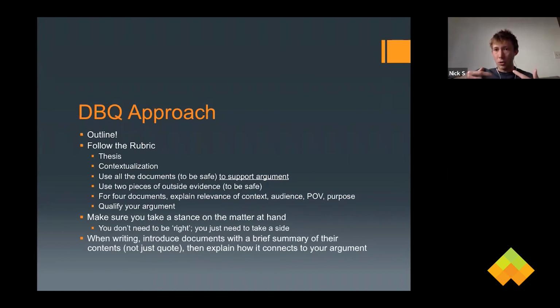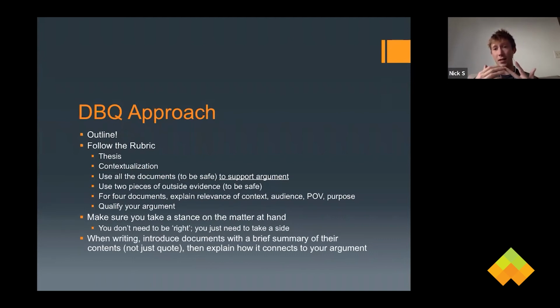That is part of earning the evidence points, is not just quoting a document, but accurately characterizing its contents. So it's really formulaic. You want to start with an intro to the document that summarizes its content, quote the document, then explain how your document connects to your thesis. That last part is so important. And so often we leave it unstated. However, you need to do that to get the point for that document.